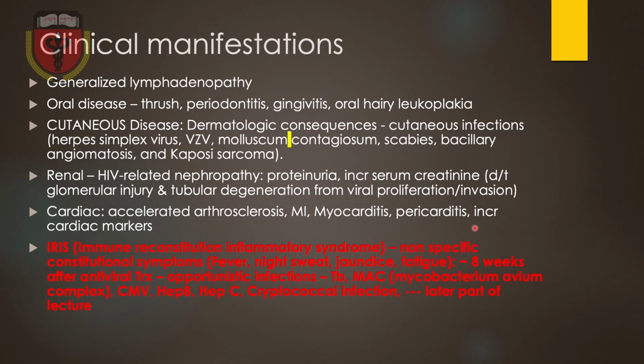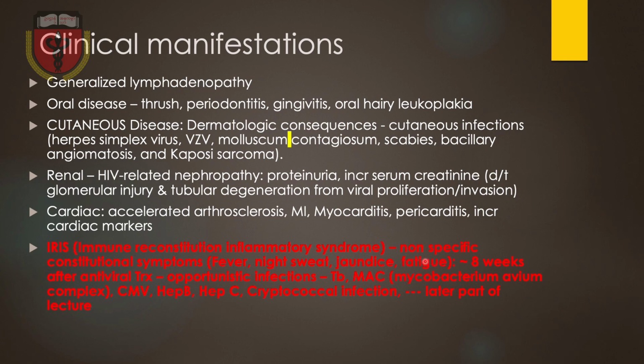One of the clinical manifestations that is really important is IRIS. IRIS means immune reconstitution inflammatory syndrome. So what does IRIS mean? IRIS is basically, again, non-specific constitutional symptoms like fever, night sweats, jaundice, fatigue.